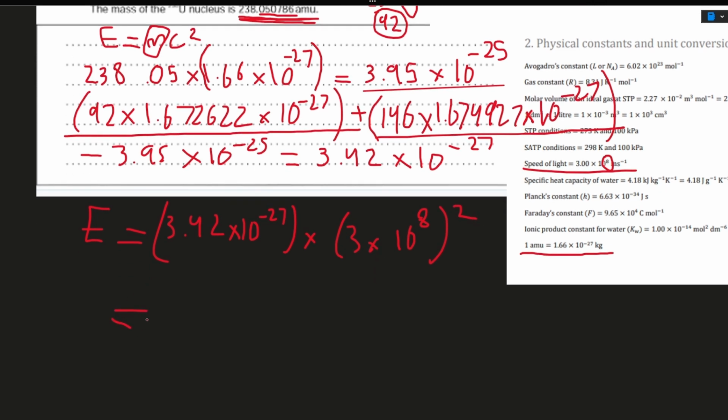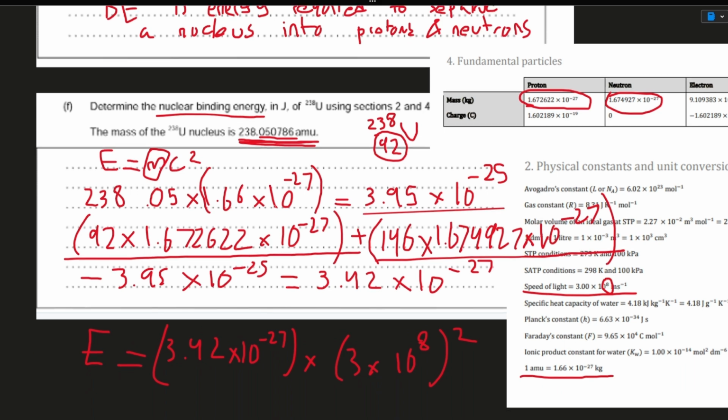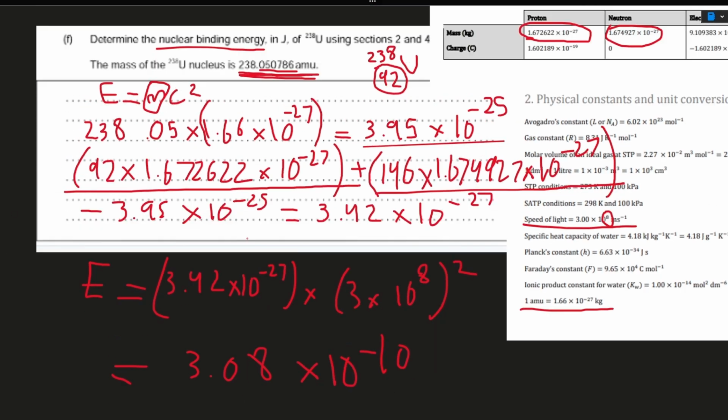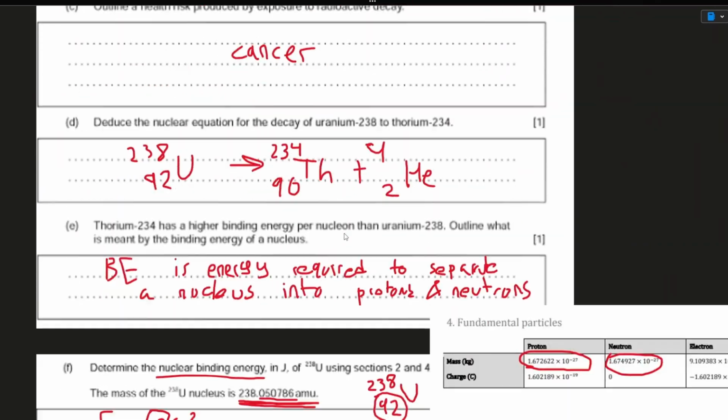And in doing so, we should get the energy of conversion of mass, which is the nuclear binding energy, because that's how much is required in order to separate the nucleus of uranium-238, which, if I do it, should equal 3.08 times 10 to the power of negative 10. And that should be our final answer for part F.